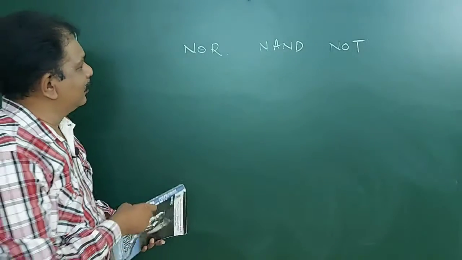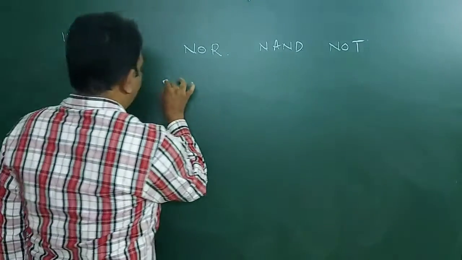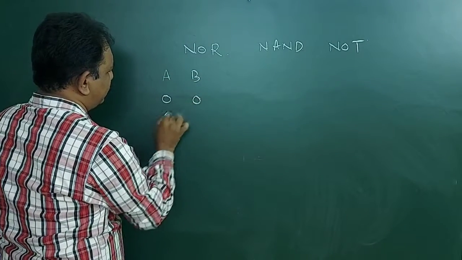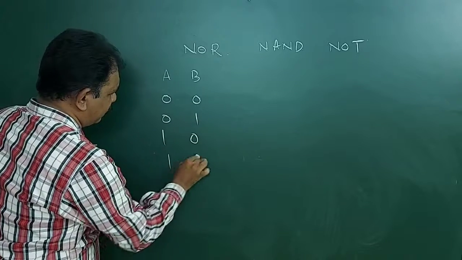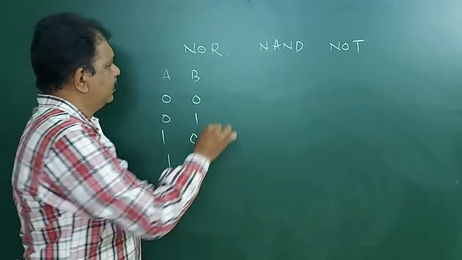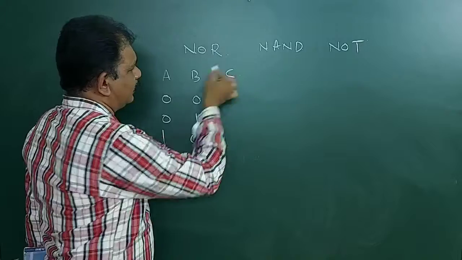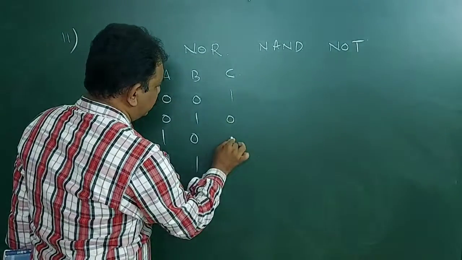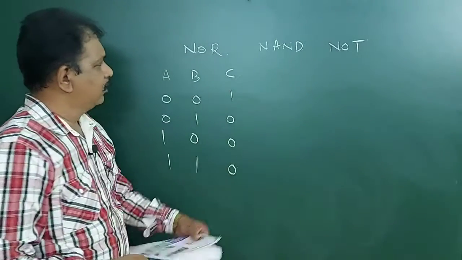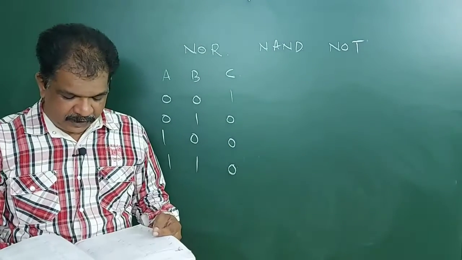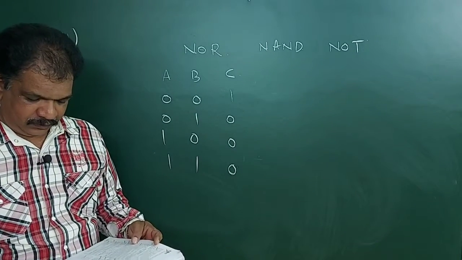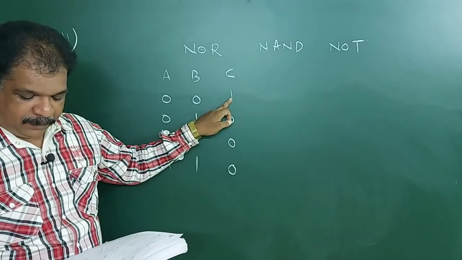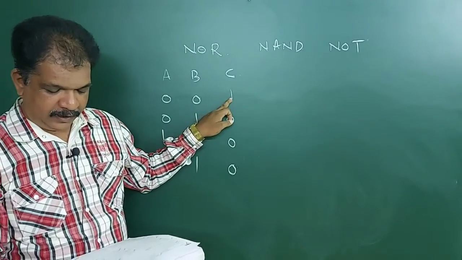Which will be the output? For example, AB values are 0 0, 0 1, 1 0, 1 1. Here the NOR gate output C, let it be. How much will be there? 1, 0, 0, 0. These two C's are applied to the NAND gate. Two ones are applied to the NAND gate.